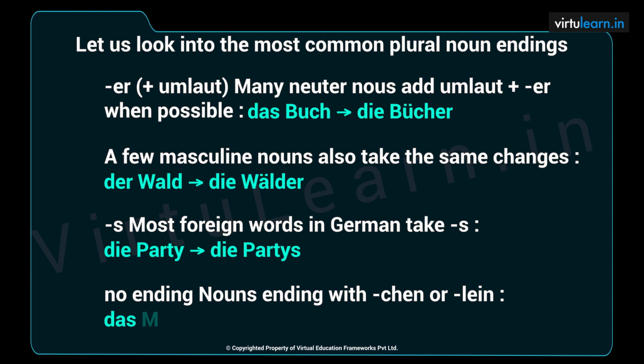For example, das Mädchen, die Mädchen. Das Fenster, die Fenster. Similar to our English, we say a sheep, many sheep. So, the nouns which have the endings chen or ler do not have a distinct plural word. The singular and the plural are similar.